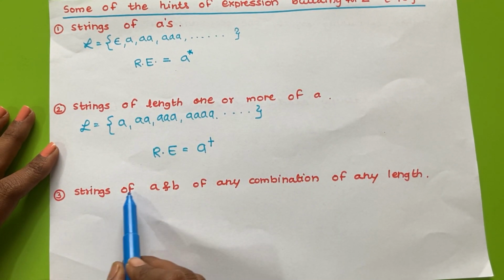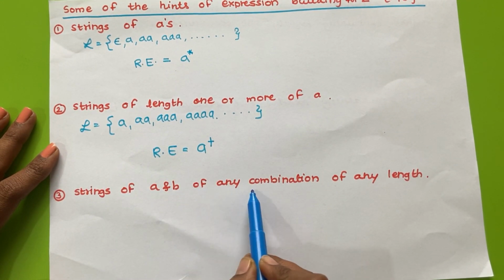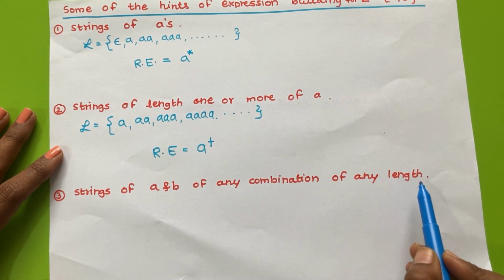Now next, strings of a and b of any combination of any length.